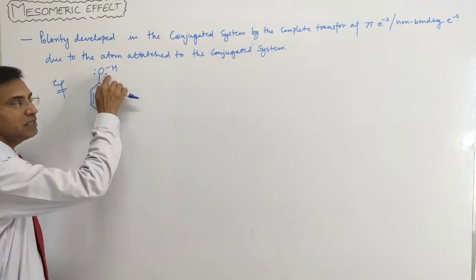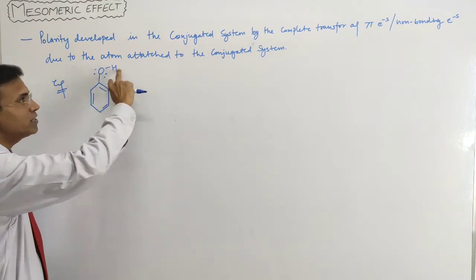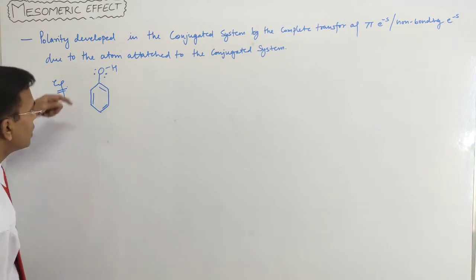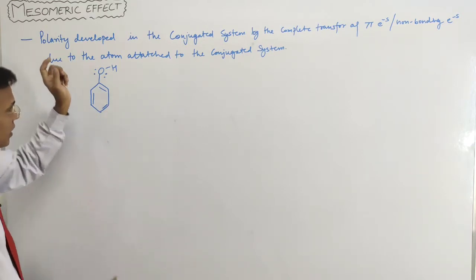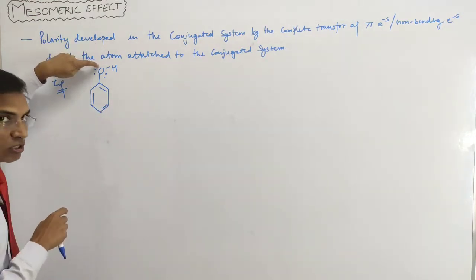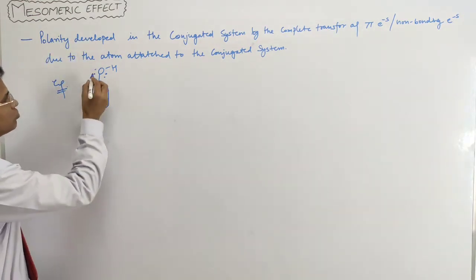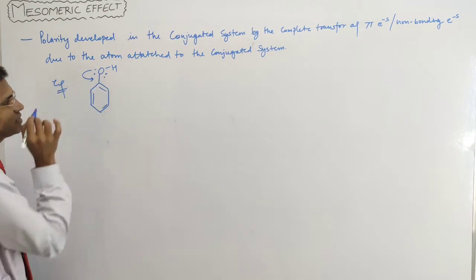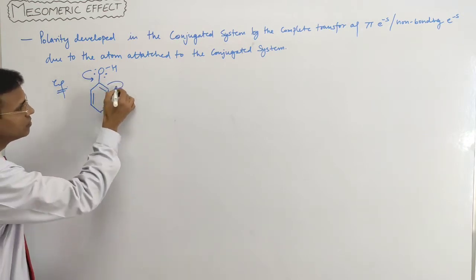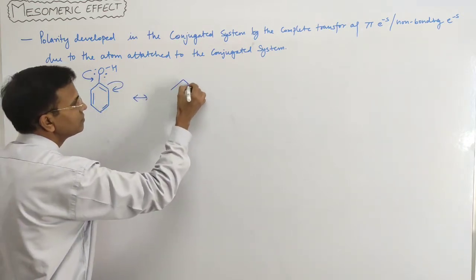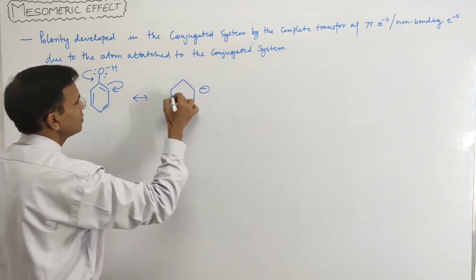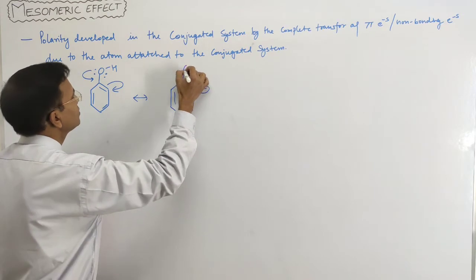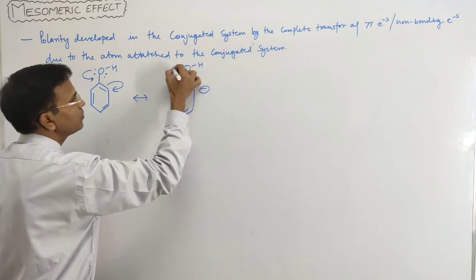So oxygen is the atom, or OH is the group attached to the conjugated system benzene, right? So here the atom attached is oxygen, and if you are going to delocalize the pi electrons, the next structure will be this, and here comes positive charge.